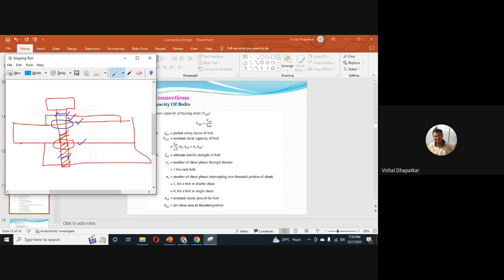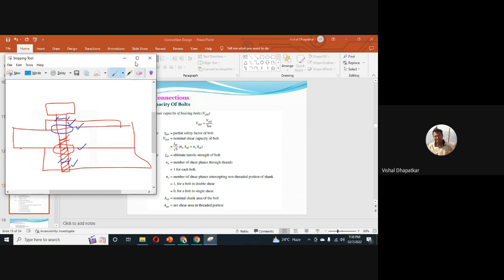So this area and this area will have some difference. This is the complete area available, whereas due to threads, the total area got reduced. That area is almost, we can say, 20% reduced due to the threads. So we can consider 78 or 80% of the complete area as the net area in the threaded portion.